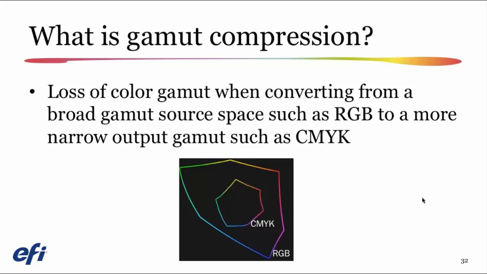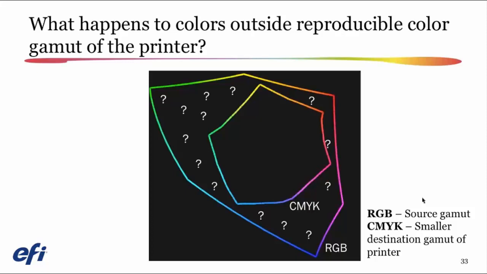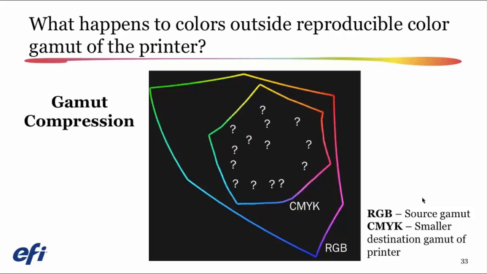So if you look at the diagram here, we're showing you in two dimensions a plot of the gamut of the RGB space and the much smaller CMYK space. The question is, what about all the colors that are in the RGB source space that aren't initially fitting in the CMYK space? What happens to these colors when I do color management is that they get compressed. So I have gamut compression.